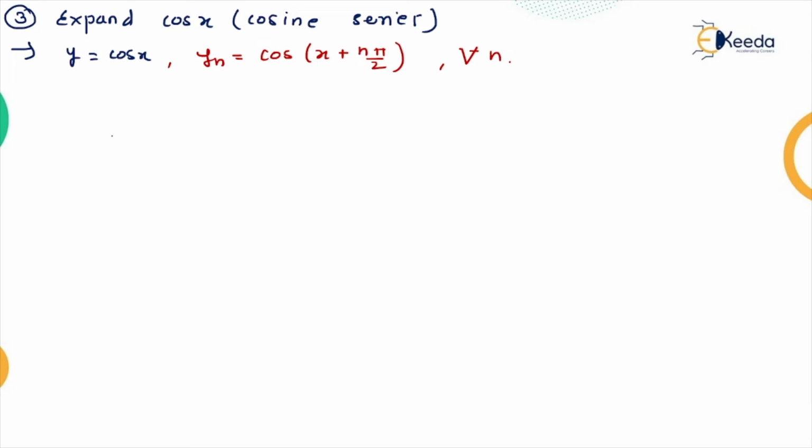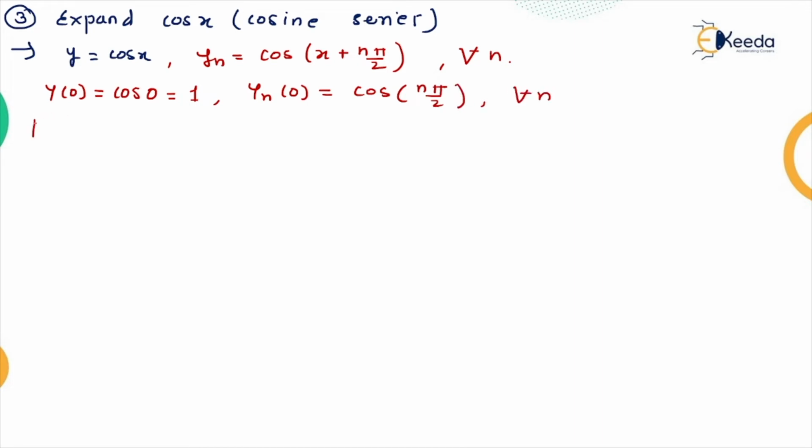So y of 0 means cos of 0, and you know very well the value of cos of 0 is 1, and yn of 0, the nth order derivative at x is equal to 0, becomes cos of n pi divided by 2, for all n.